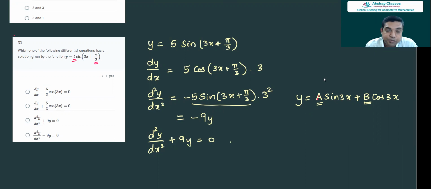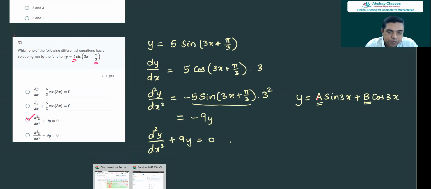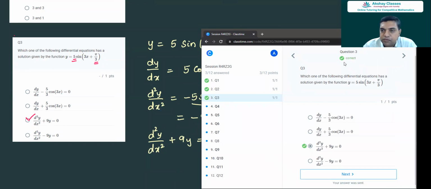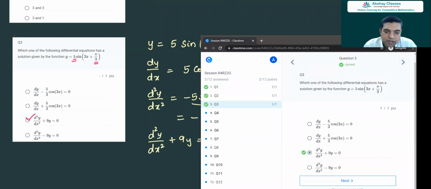So two constants means we have to differentiate the solution twice to eliminate the constants. Then we get the differential equation. So this is the differential equation. So this is correct. Let us see.